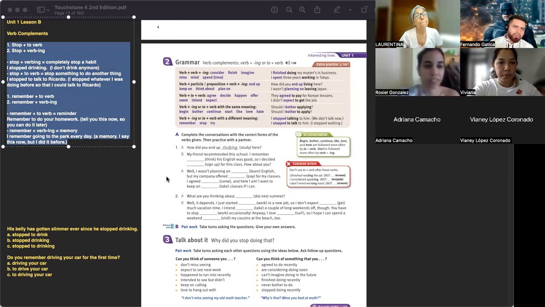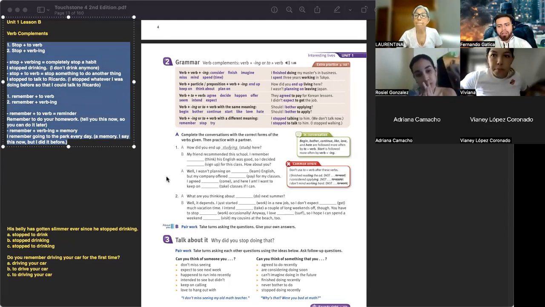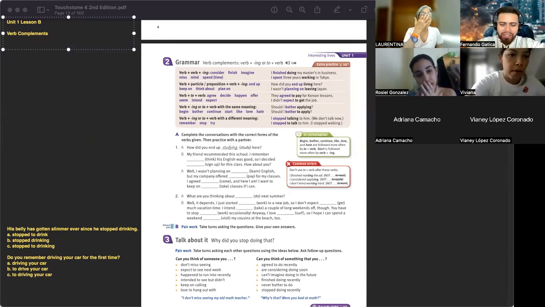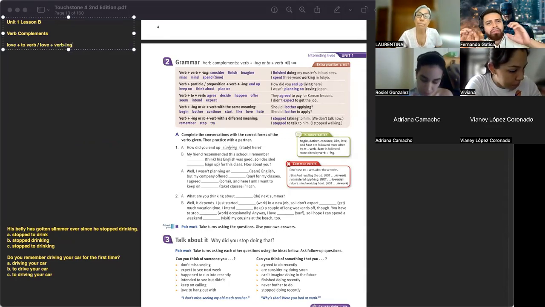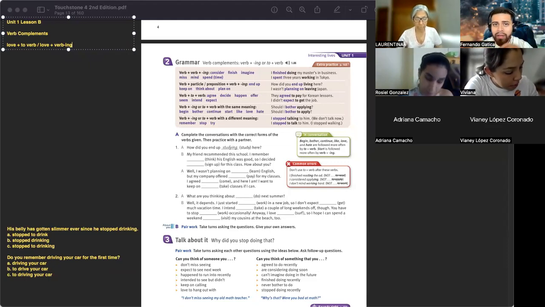All right. Now, stop and remember, they're kind of intermediate, advanced. Now let's do some basic ones. Love. Love plus to verb and love plus verb ing. Now with stop and the infinitive and stop and the gerund, they have different meanings. The same thing with remember. Remember plus an infinitive and then remember plus a gerund, they have different meanings.